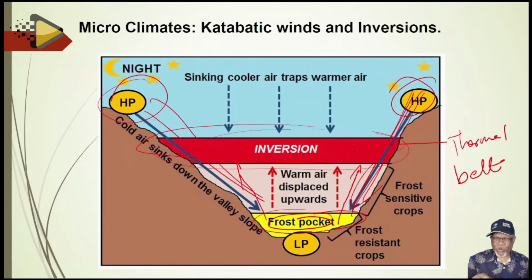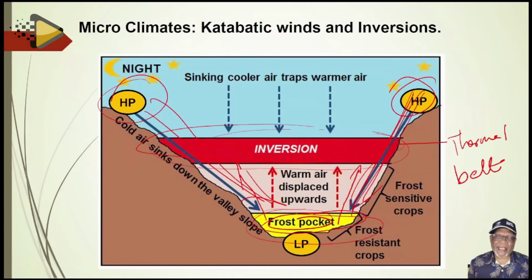When more and more cold air subsides, it accumulates at the bottom of the valley, dropping temperatures below freezing point, and we get temperature inversion there. But here at the bottom, we call it frost pocket.